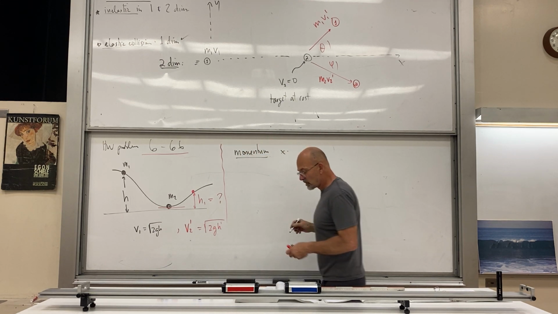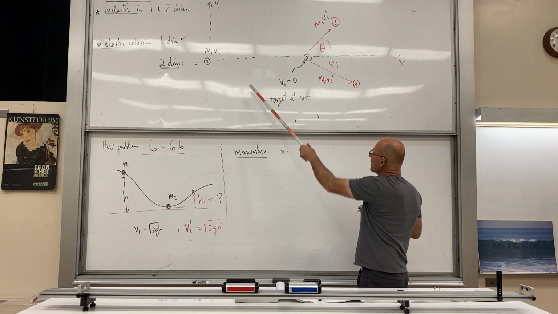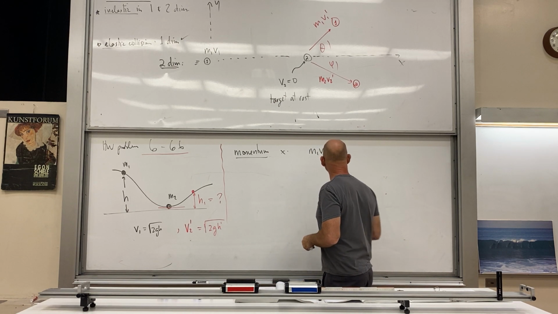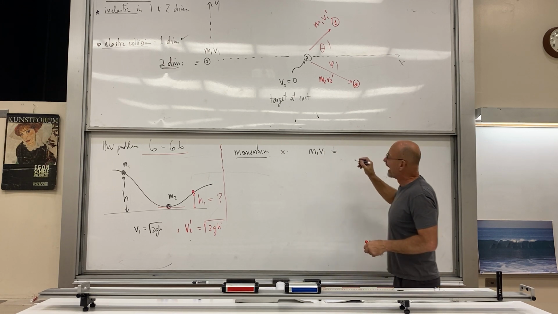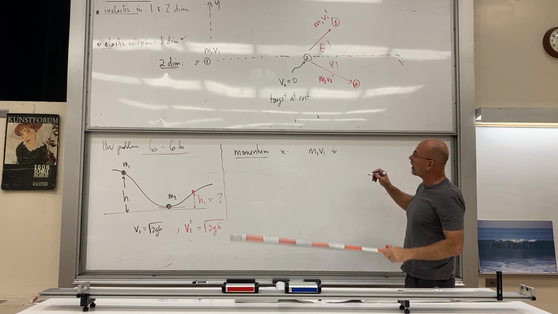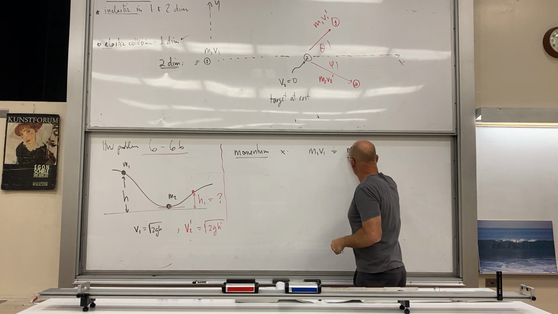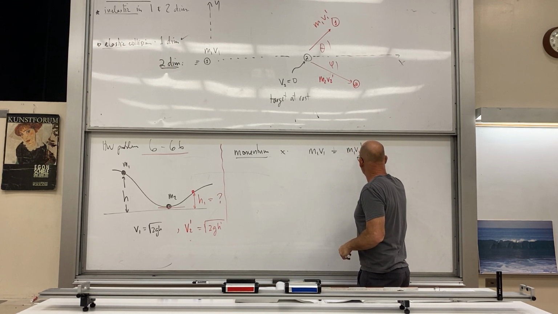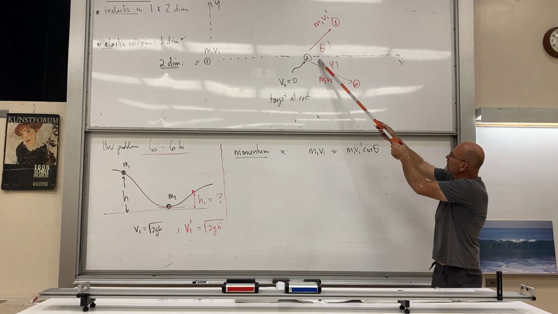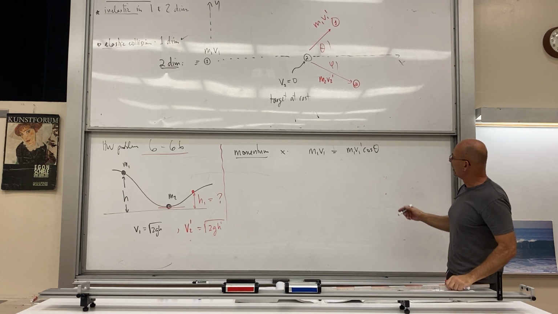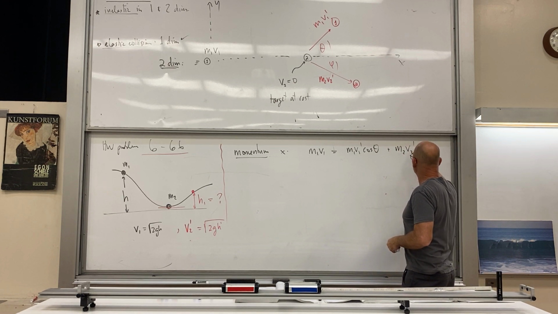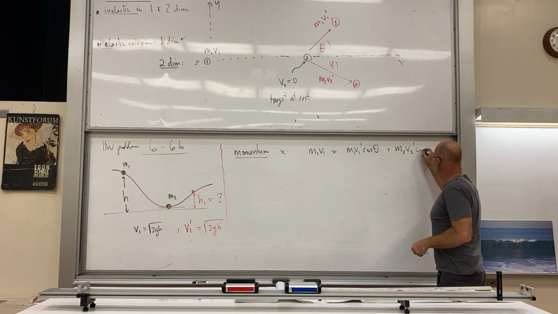So the x component of momentum, before the collision, we just have M1 times V1, that's it, okay? After the collision, we have the number 1 particle there, M1 V1 prime cosine of theta, because the component of that vector in the x direction is cosine, plus M2 V2 prime cosine of phi.